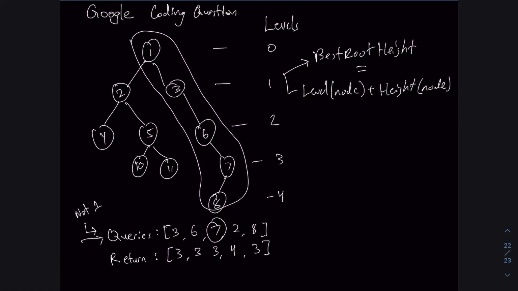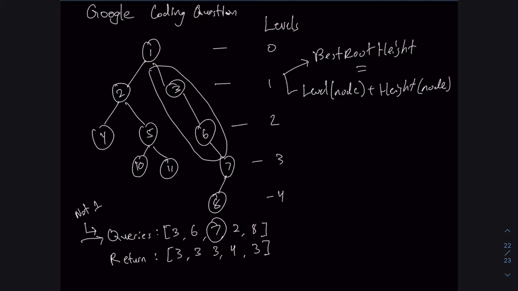So it's going to be 4. We can see that in this segment and this segment, right? But if we remove 7, there might be another height that is still equally as great.